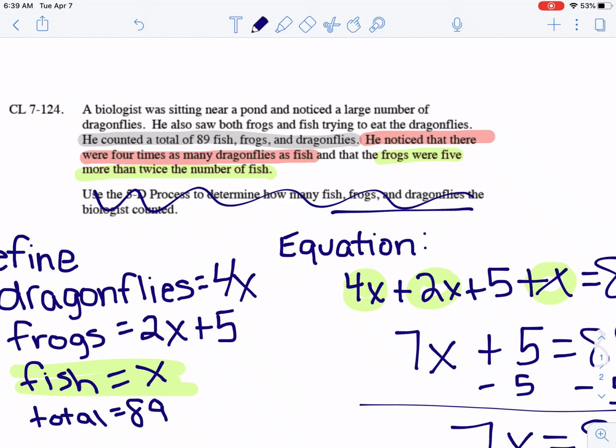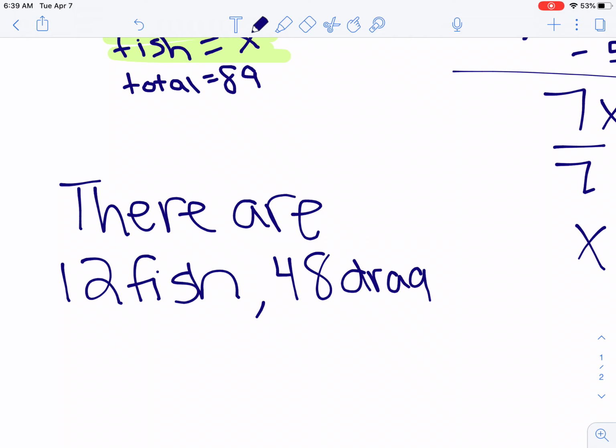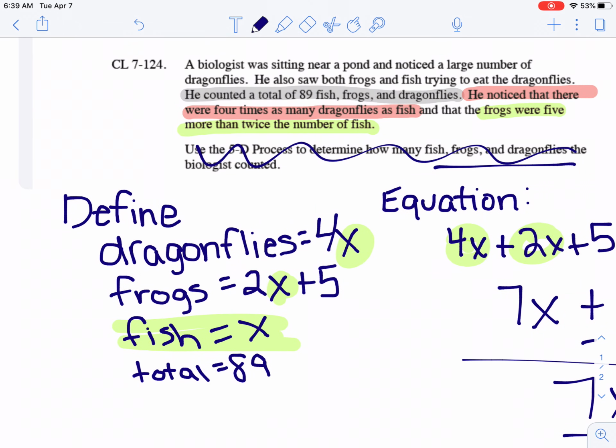So we need to use that 12 and input it in for this x and this x. So if we inputted it for the dragonflies, 4 times 12 gives us 48. So there are 12 fish, 48 dragonflies, and we're putting the 12 in for the frogs.